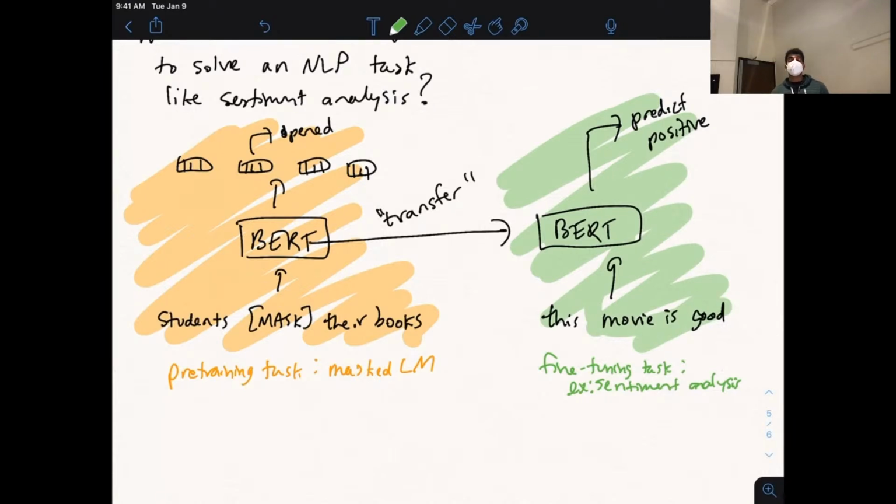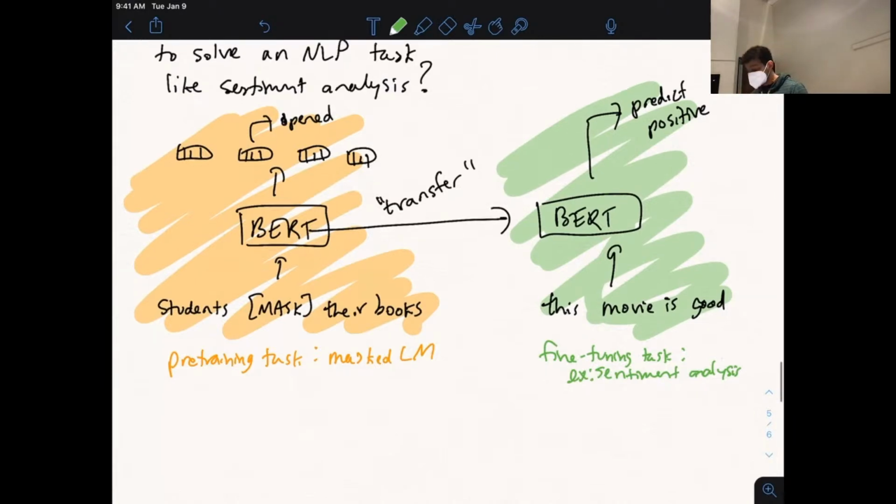And that sentiment neural network was trained from scratch. In BERT, we're going to do something different. We're going to use the exact same model that was pre-trained to solve the sentiment task. We're going to add as few new parameters as we can, and we're going to leverage the pre-trained model for almost all of the computation.